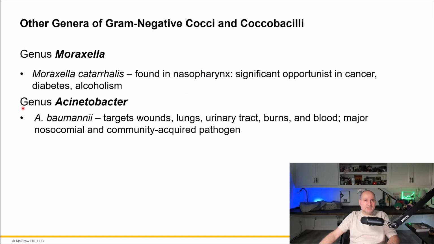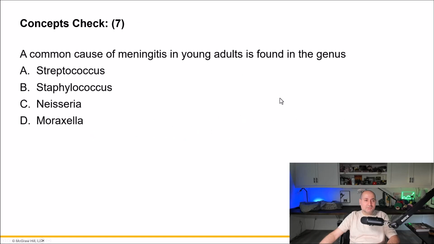Another important gram-negative is the genus Acinetobacter. Acinetobacter baumannii targets wounds, lungs, the urinary tract, burns, and blood. It's a major nosocomial pathogen. Remember, it can spread in the hospital setting and is a community-acquired pathogen as well.